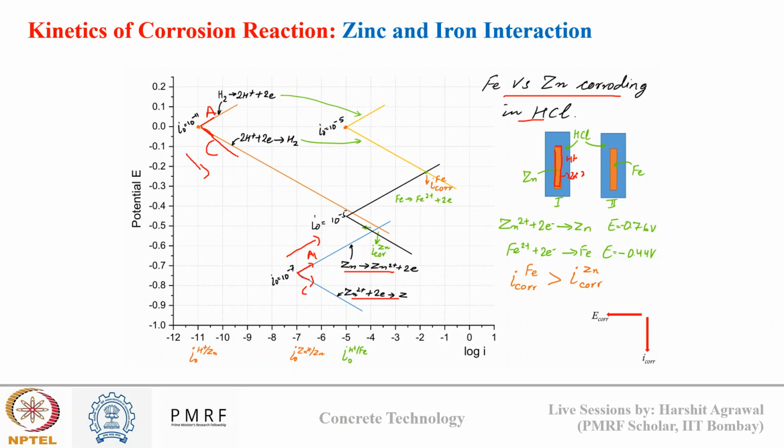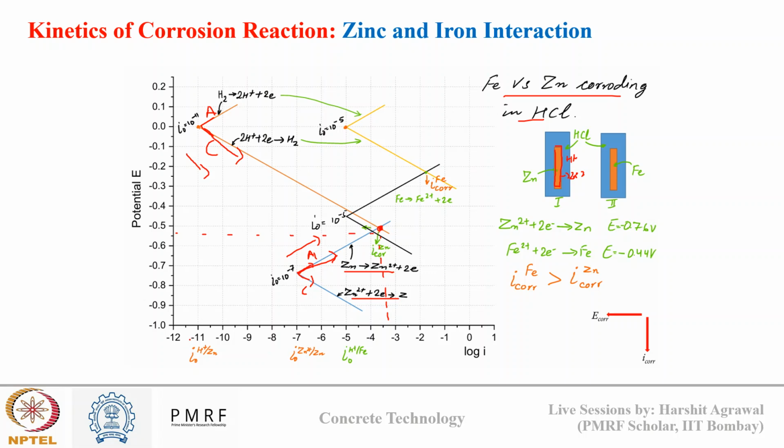So the intersection of this line and this line will give me the corrosion potential and corrosion current density for zinc in acidic medium. You can see it is intersecting at this point somewhere. So this will give me the corrosion current density and corrosion potential for zinc in an acidic medium.